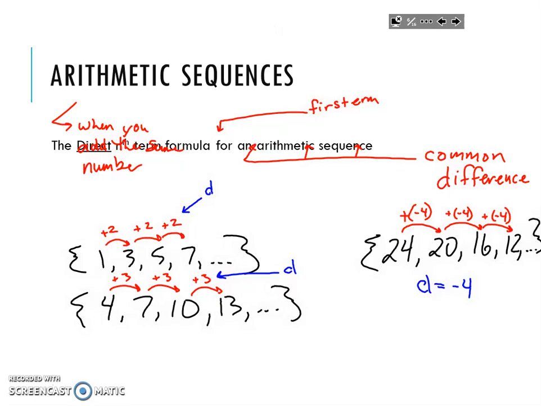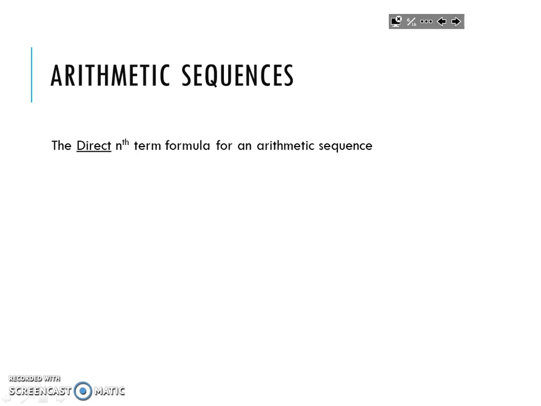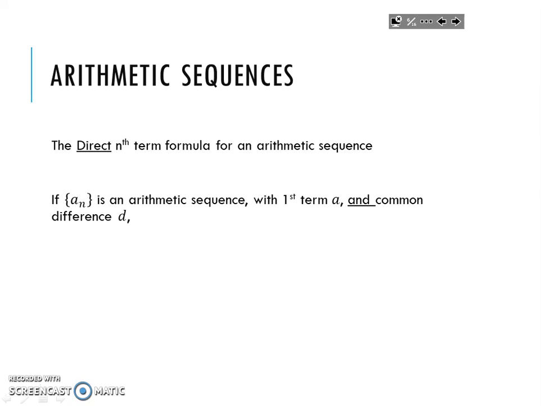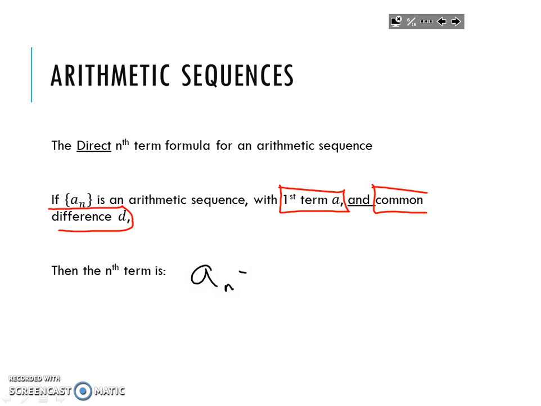Okay? Now, what we need to know about arithmetic sequences is they do have an nth term formula, which will allow you guys to find any term in this sequence. So, again, first term is A, common difference is our D, and the nth term formula is A sub n equals A plus D times n minus 1.